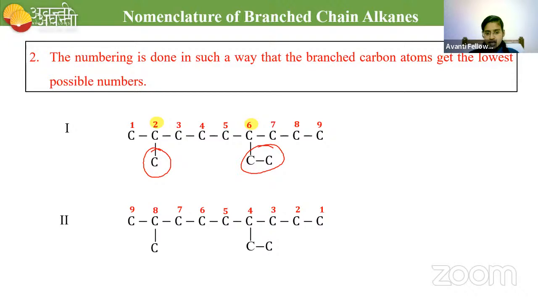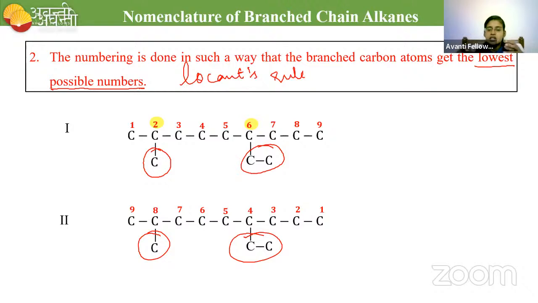Whereas in the second case, methyl is attached to carbon number 8 and ethyl to carbon number 4. So what does the rule say? The numbering is done in such a way that the branched carbon atoms get the lowest possible number. This is called the locant rule.